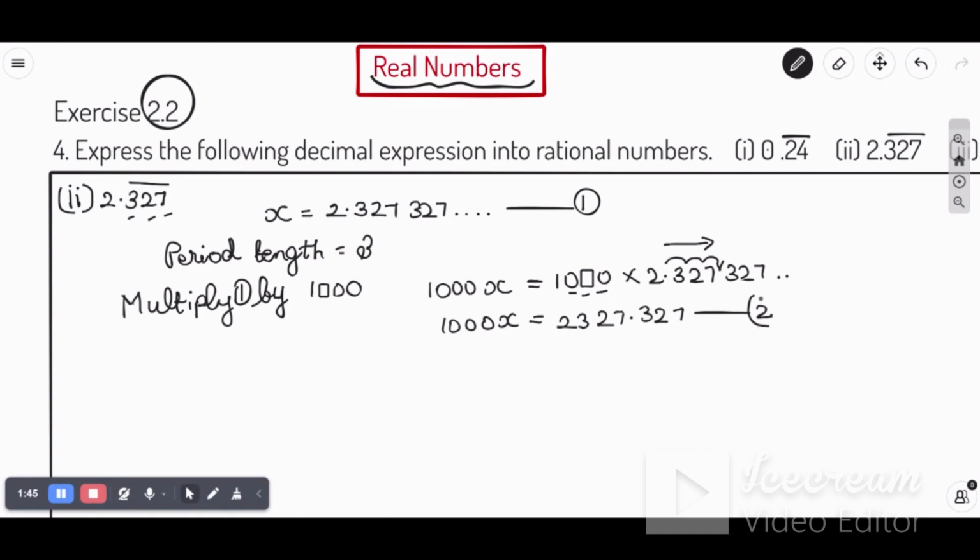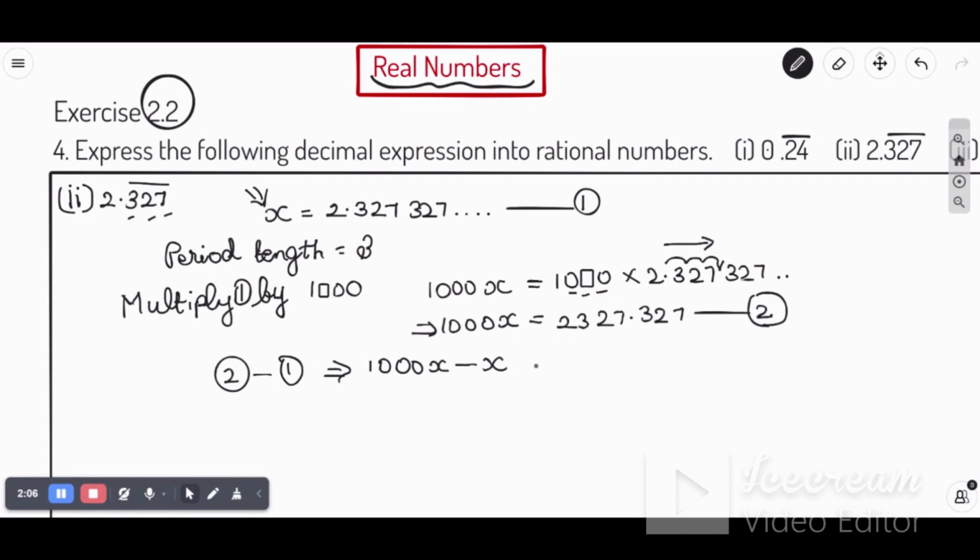Once you are done with this, you have to subtract equation 1 from 2. So 2 minus 1. You have to subtract it in such a way that 1000x minus x. So this is equation number 2's left hand side, and x is equation number 1's left hand side.